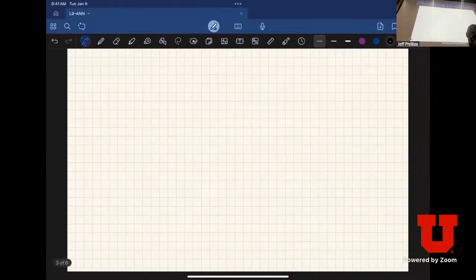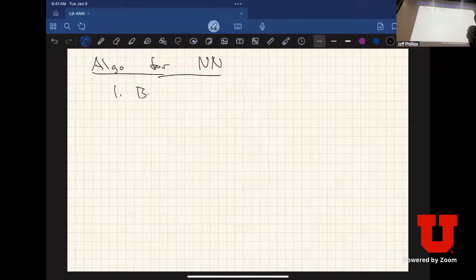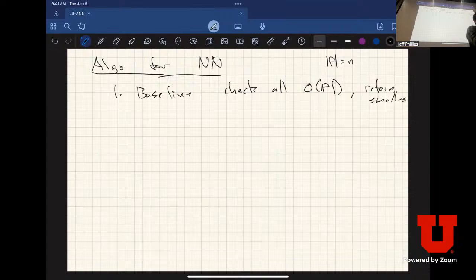So the baseline algorithm for the nearest neighbor is to check all O of |P| distances, where we'll say the size of P is equal to N, and return the smallest.